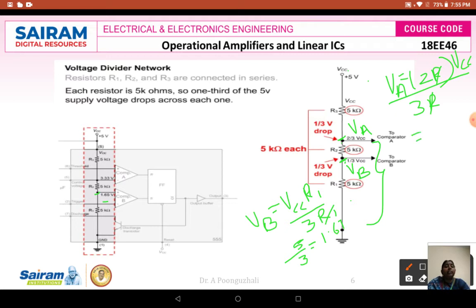That means VA is VCC into 2 by 3. So the threshold voltage at this point is 2 by 3 VCC. To comparator A, I am going to have 2 by 3 VCC.